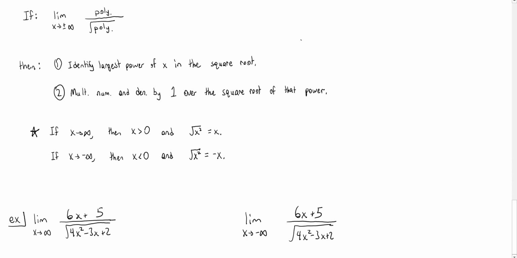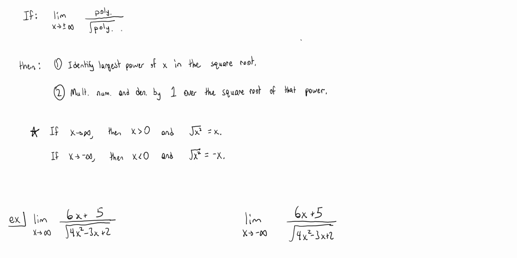Now let's consider if we have the limit where x is approaching infinity or negative infinity of a polynomial over a square root of a polynomial. This is a little bit different from the previous examples in that the square root is now in the denominator. So it's going to work fairly similarly.